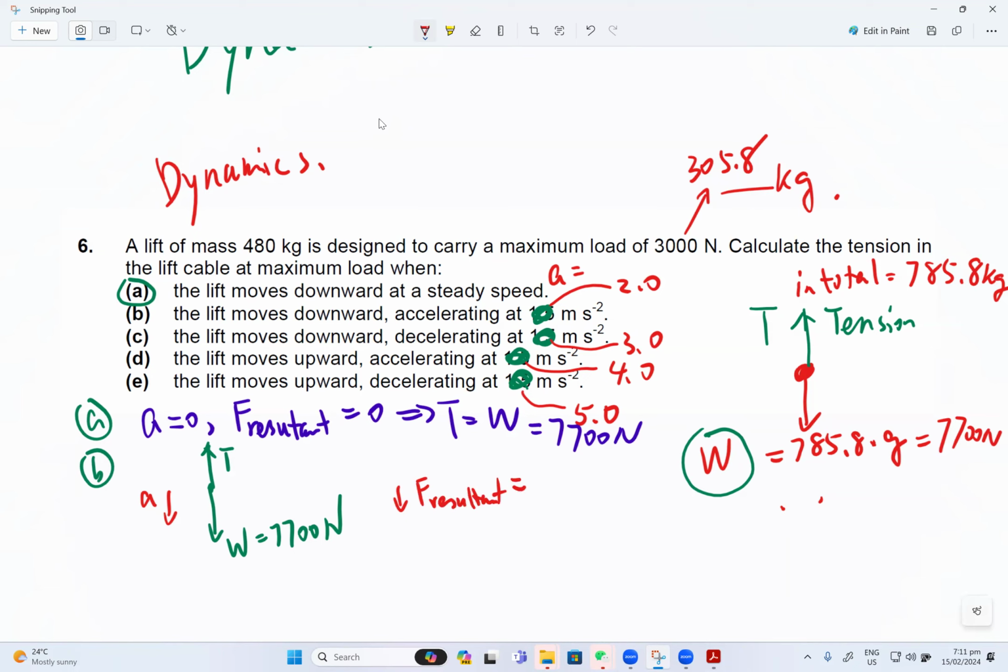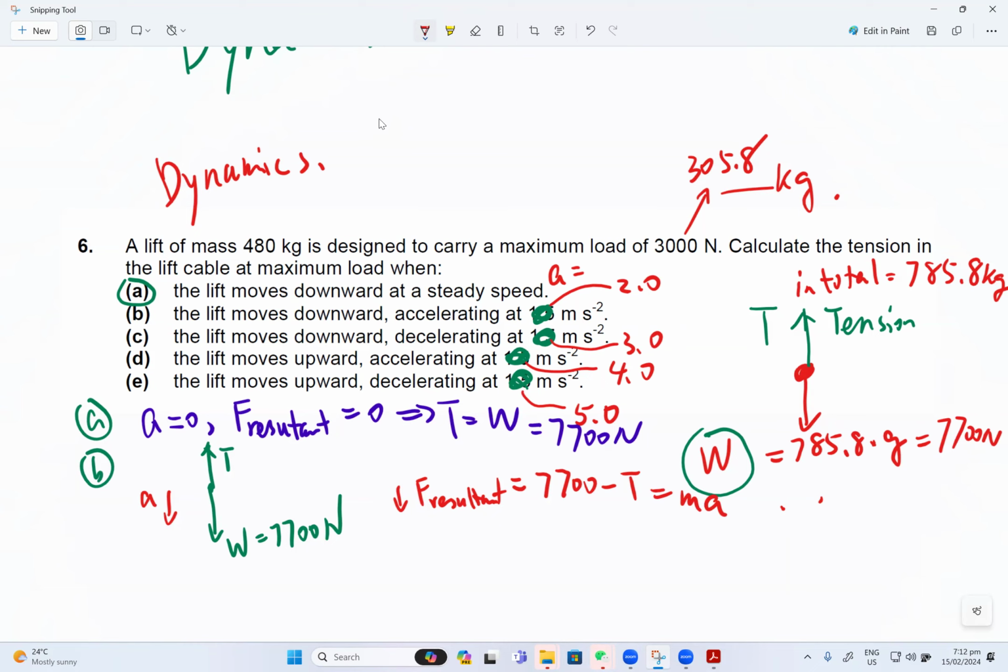Which means the downward force is larger to provide the downwards resultant force. Only if the force downwards is larger, you have total force downwards. And we learned the resultant force equals ma. So you can calculate T.